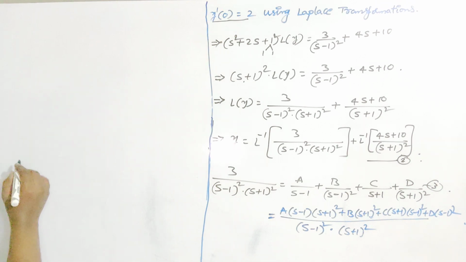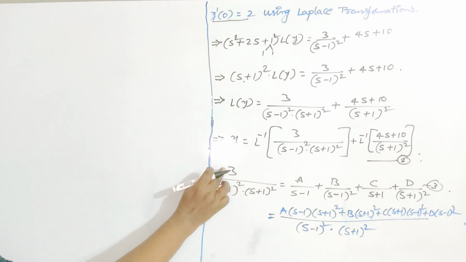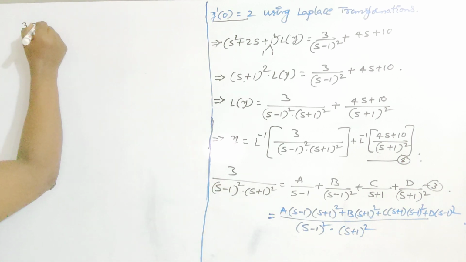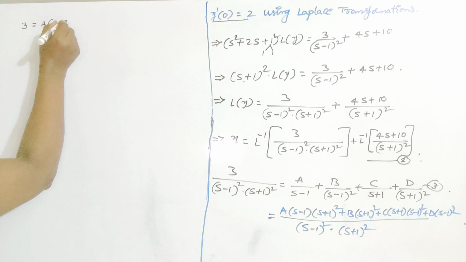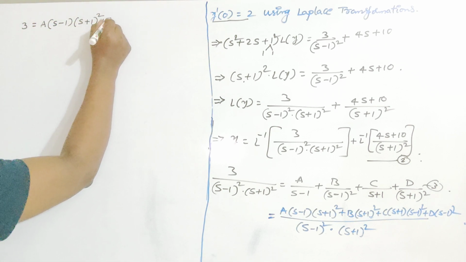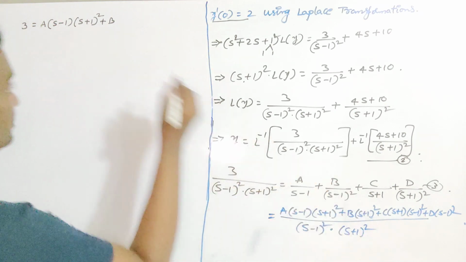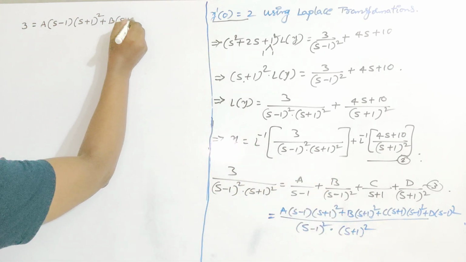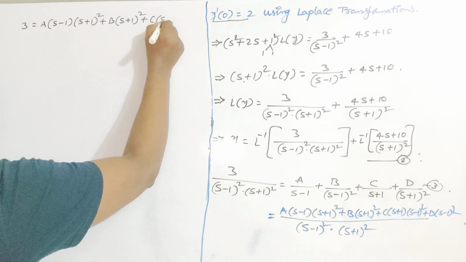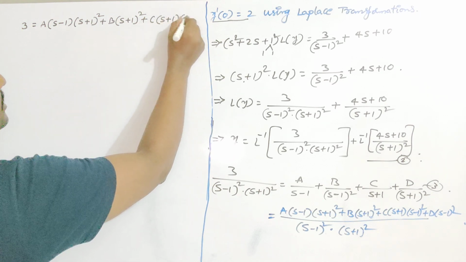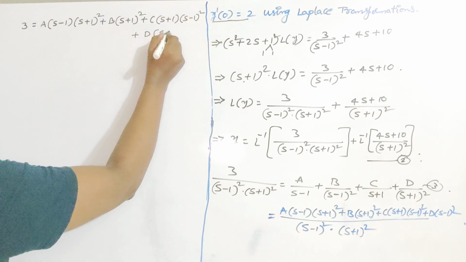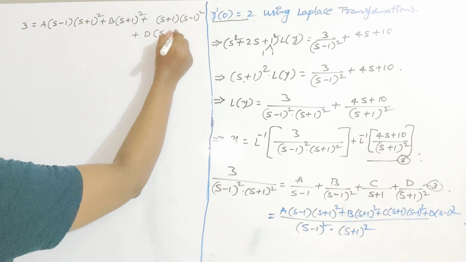See here, by equating the numerators, in the left hand side we have 3. In the right side, what is the numerator? a into (s minus 1) into (s plus 1) whole square, plus b into (s plus 1) whole square only, plus c into (s plus 1) and (s minus 1) whole square, plus d into (s minus 1) whole square.